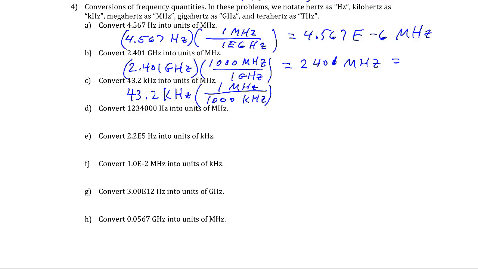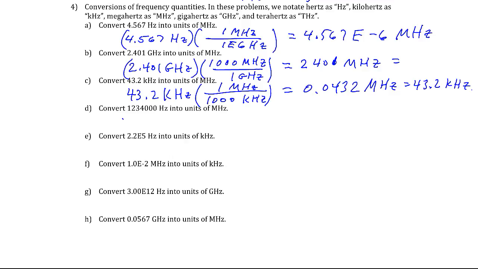So I'm going to divide by 1,000, and I'm going to get 0.0432 megahertz, or 43.2 kilohertz. Okay. 1,000 kilohertz is 1 megahertz, right?